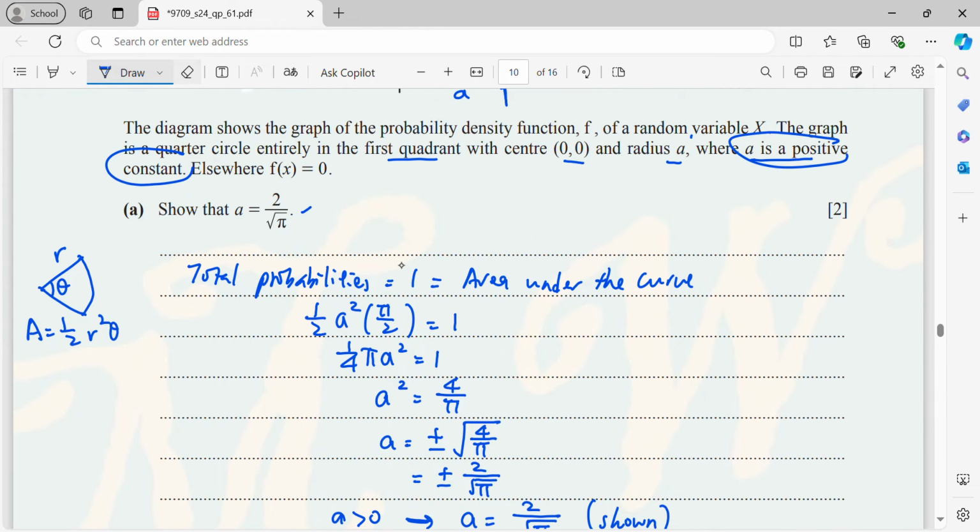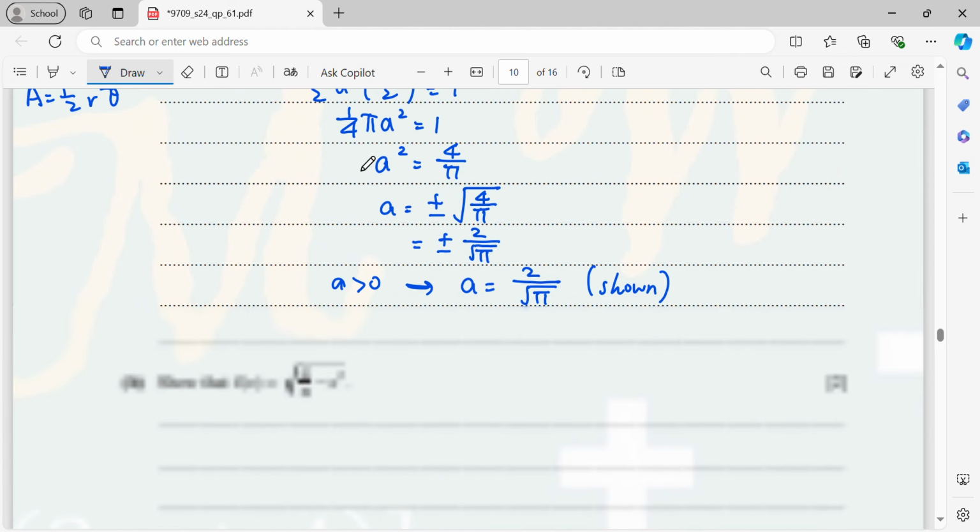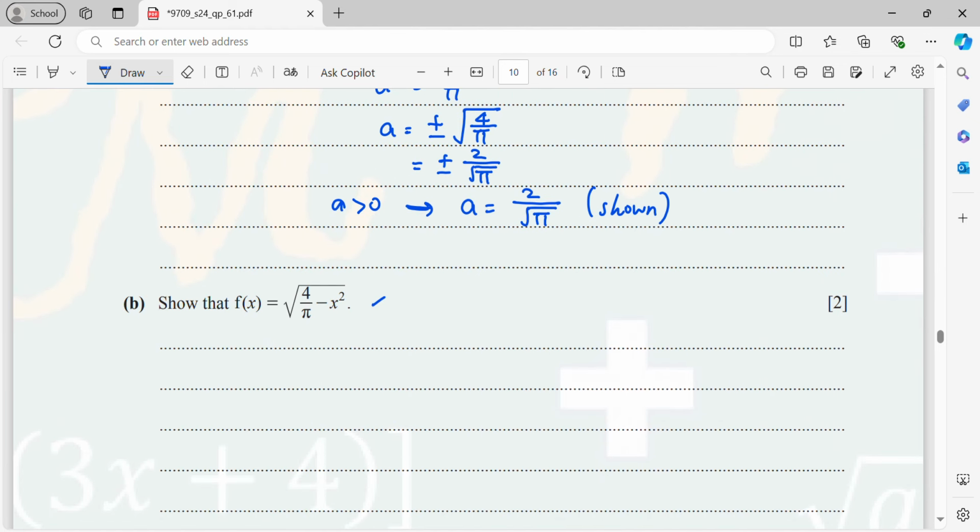Okay, so now part B, show f(x) equals to this.